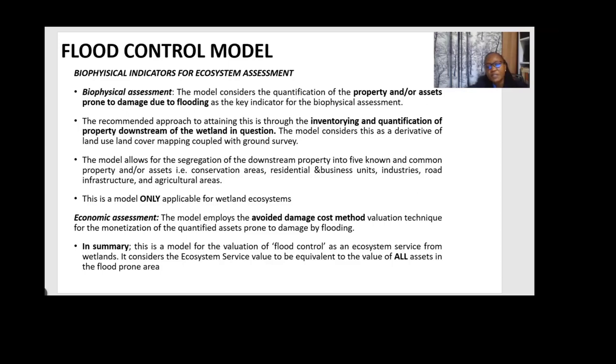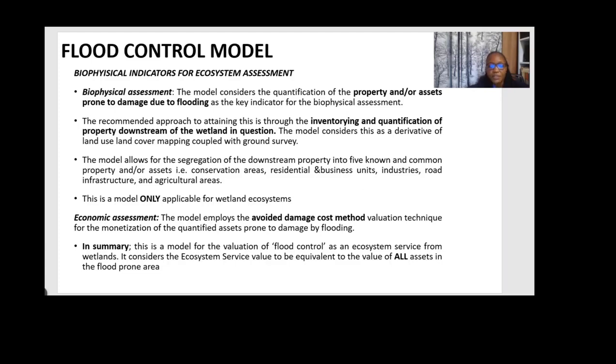The economic assessment therefore employs the avoided damage cost, because if the wetland performs its ability to control the floods, then the property downstream will not be damaged, or the property in close proximity to the wetland will not be damaged. This means that this cost that has been avoided can be accounted for as the value of that wetland.